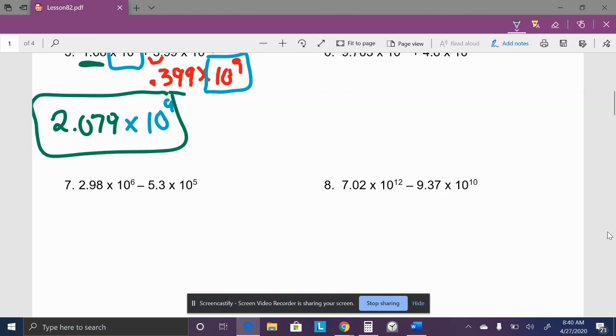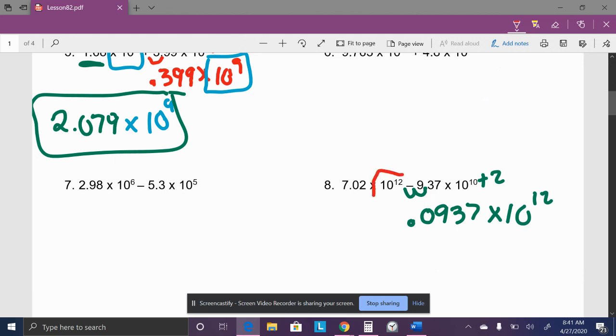This one, I have to catch up by 2. To get to 10 to the 12, you have to add 2. I can't just add 2 to the exponent. I have to move the decimal over twice, 1, 2. So it's actually 0.0937 times 10 to the 12th.